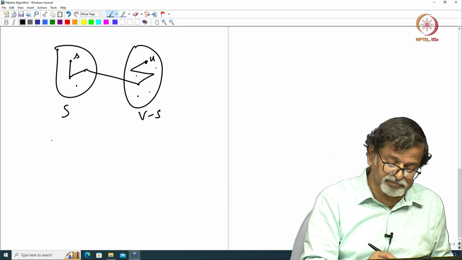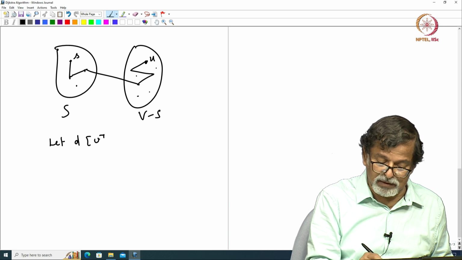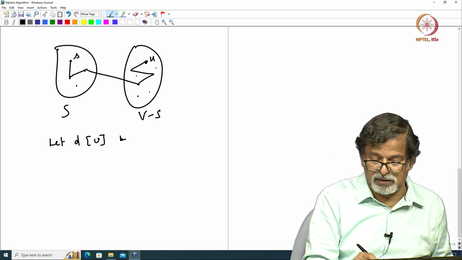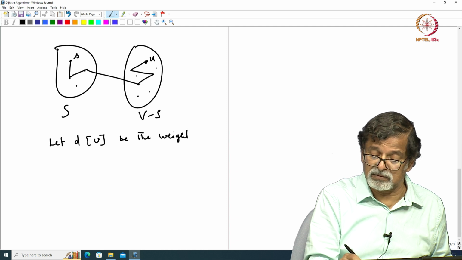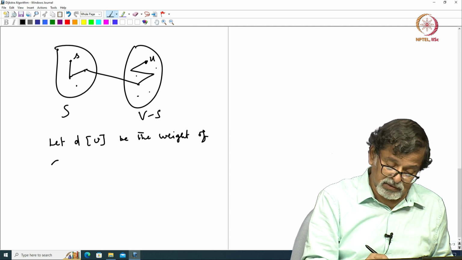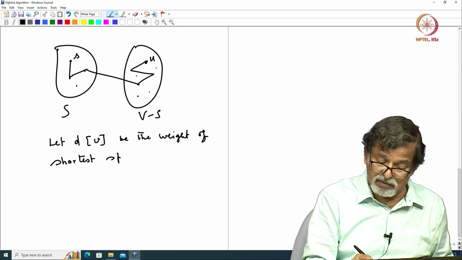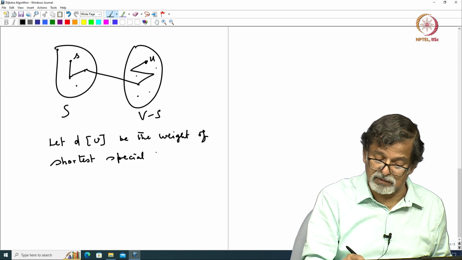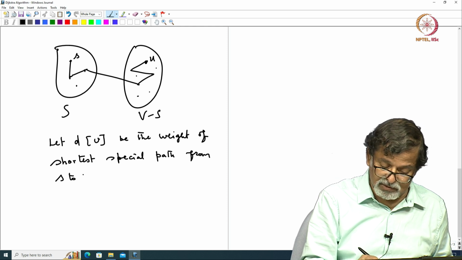So, let dV be the weight of the shortest special path from S to V.